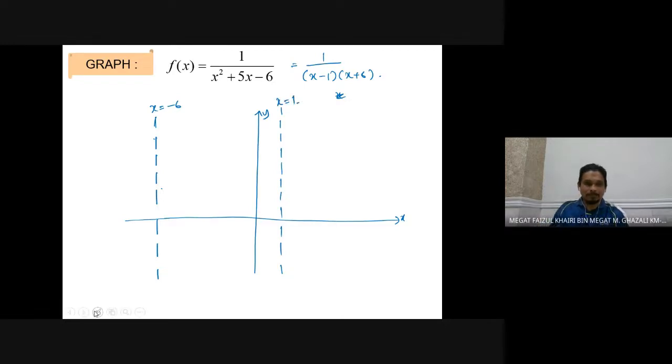And this is the horizontal asymptote where y equal to 0.